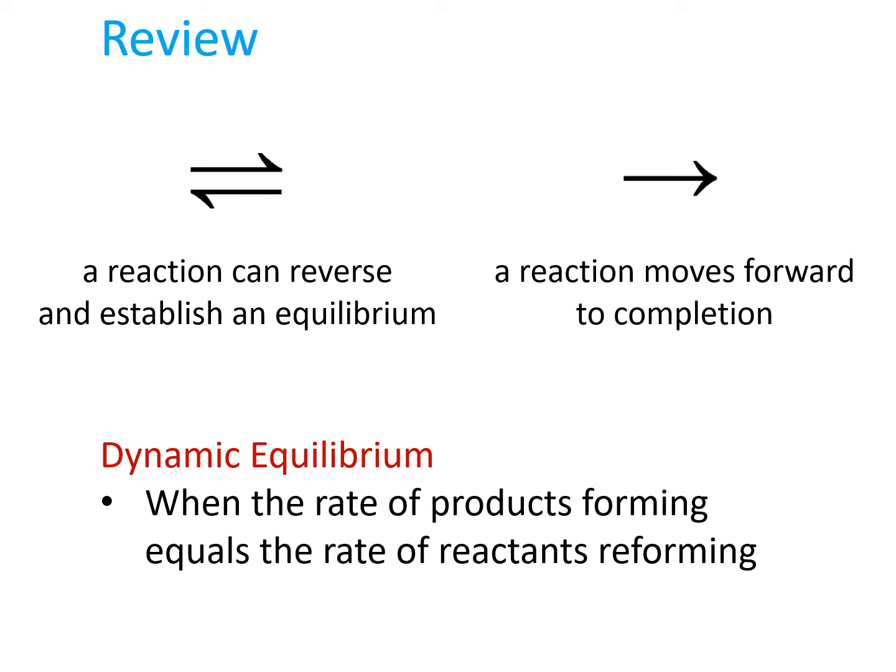So our double-headed arrow tells us not that we have reached this point where we have an equal amount or an established amount of reactants to products, but that the rate of reactants turning to products and products returning to reactants is now equal, and so when we take a sample in our vat, we'll see a stable amount of product and reactant. That's what dynamic equilibrium is really all about.